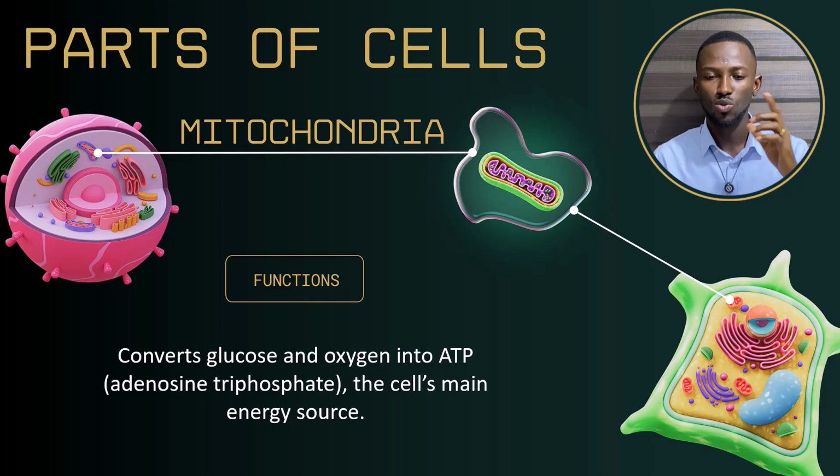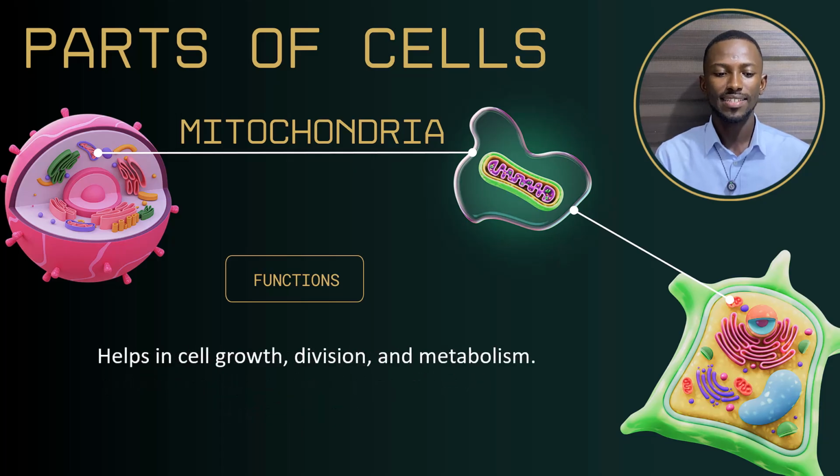And finally, it helps in cell growth, cell division, and cell metabolism. That is so important because before the cell can undergo division, either mitosis or meiosis, it needs energy to do that. And where would the energy come from?